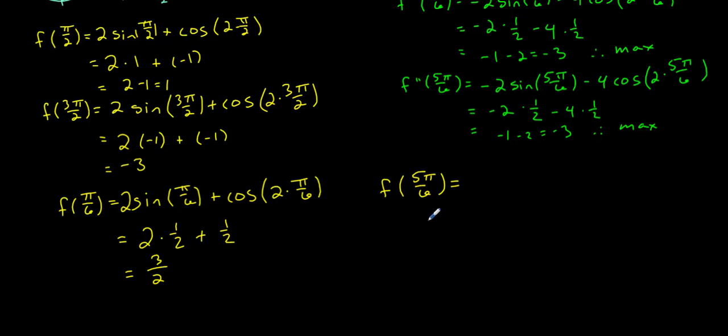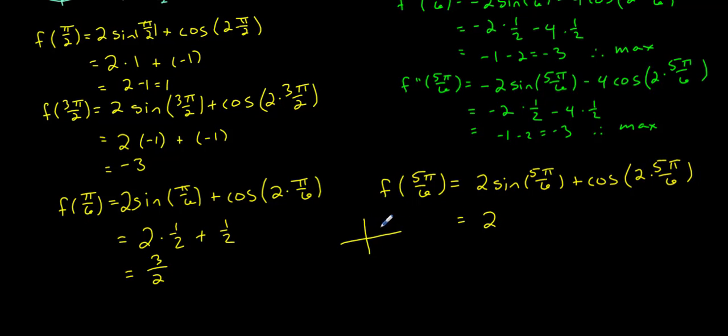So f of 5 pi over 6, let's see what we get. Sine 5 pi over 6, 5 pi over 6 right here, so 1/2, plus cosine would be 5 pi over 3 then.